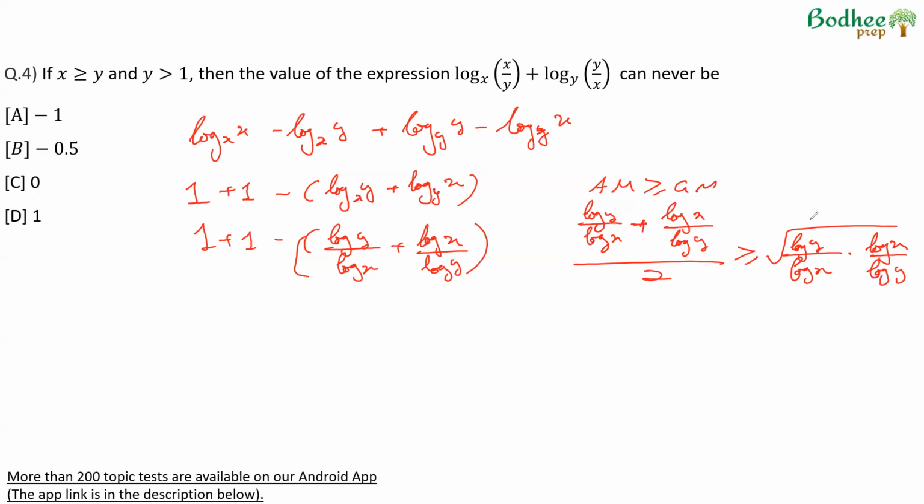Log y and log x cancel, and therefore this term, log y upon log x plus log x by log y, will be greater than or equal to 2.